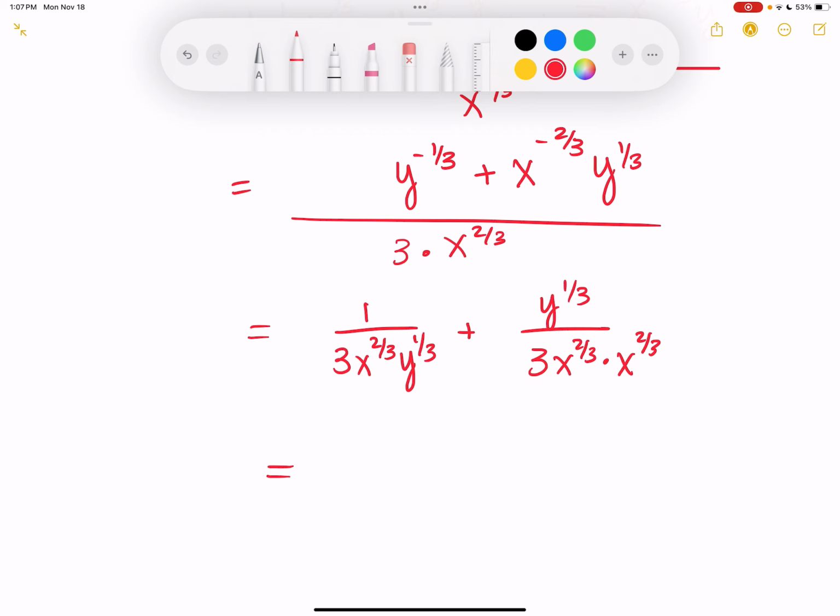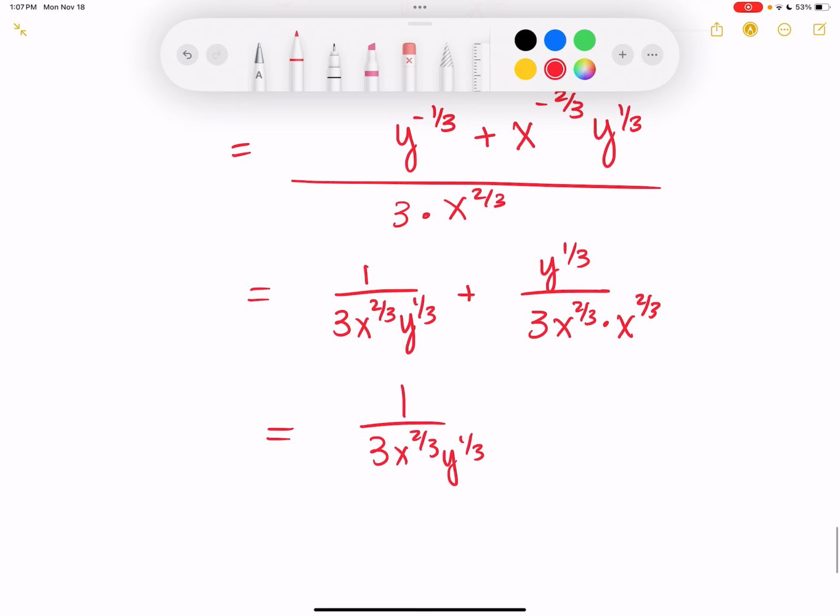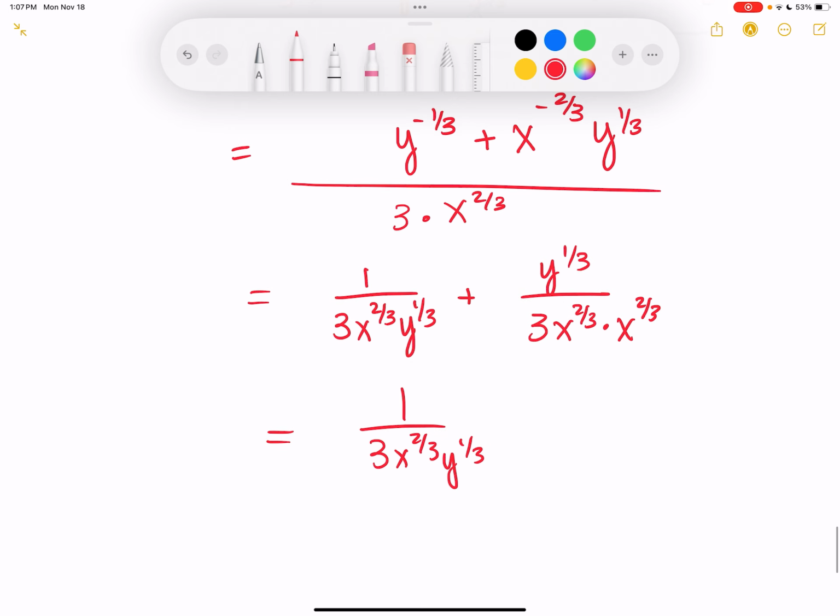Okay, hold on. So we have 1 over 3x to the 2/3 y to the 1/3. Maybe not. Nope, I still know what's wrong. Okay, we're good. We are Gucci.